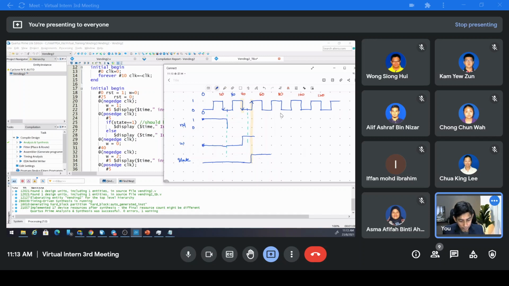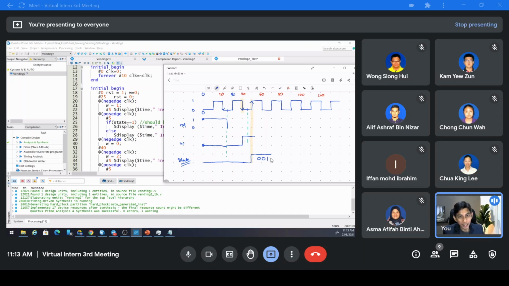So the state should be 0, 0, 1. This is the output that we expect.